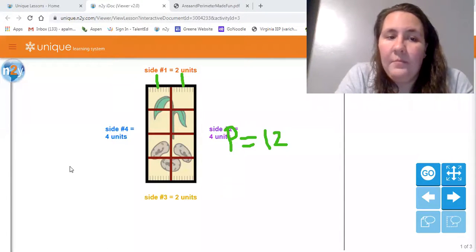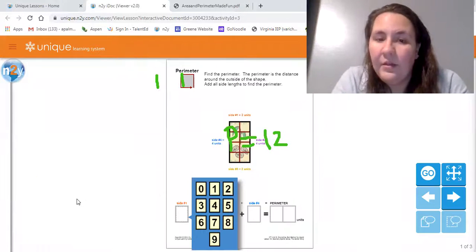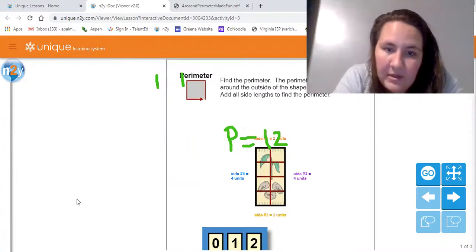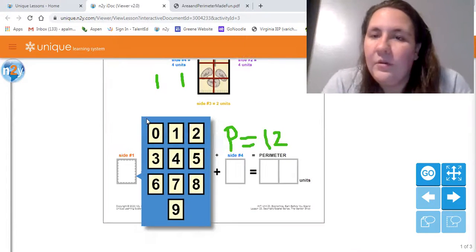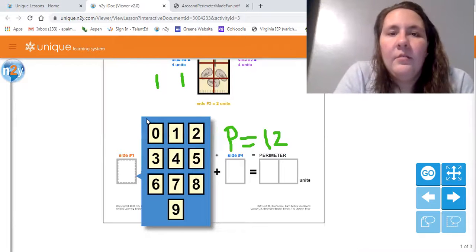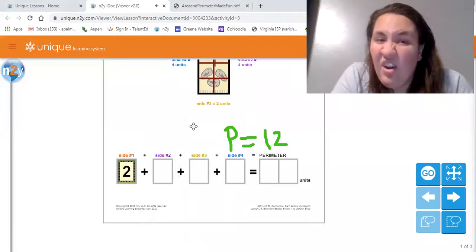So we're going to type in a number 2. Let me see if I can make it bigger so you can see a little bit better. Can you find the number 2 with your finger? Number 2. Great job, guys. Okay. 2. So I'm going to start with a 2.